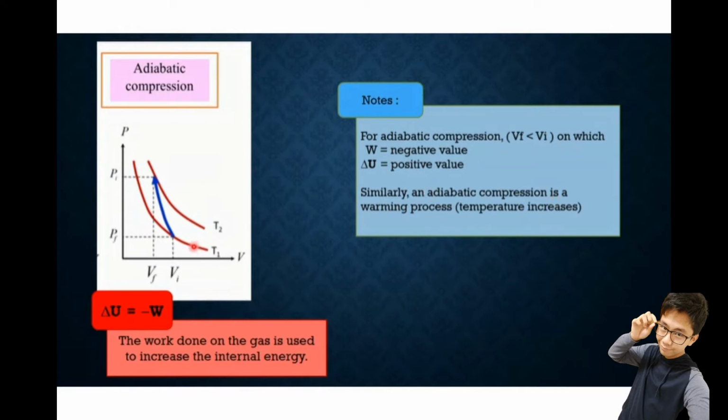As we can see over here, from the line T1 and T2, the temperature increases. Okay, so here is the equation. Delta U is equal to negative W. So it means that the work done on the gas is used to increase the internal energy.